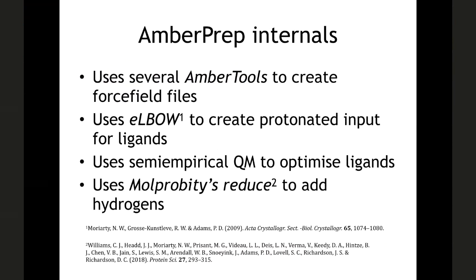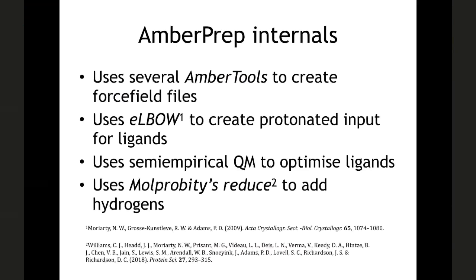Then these ligands use some of the Amber tools to get a semi-empirical quantum mechanical minimized geometry so that you can get the best parameters possible. And it also uses MolProbity's reduce to add hydrogens to the model, because that is required for the correct parameterization as well.